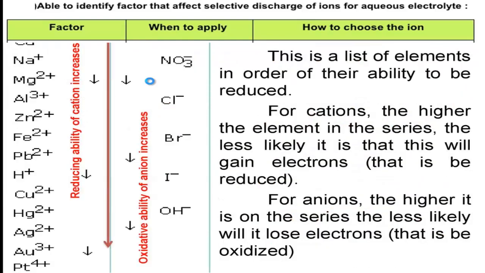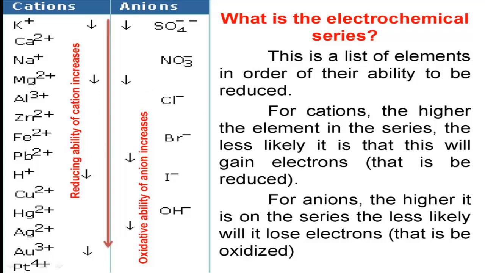So first, position of the ion in the electrochemical series. The electrochemical series is an arrangement of different metals and non-metals or ions according to their reducing or oxidizing tendency. Follow here: the reducing ability of cations increases from top to bottom.